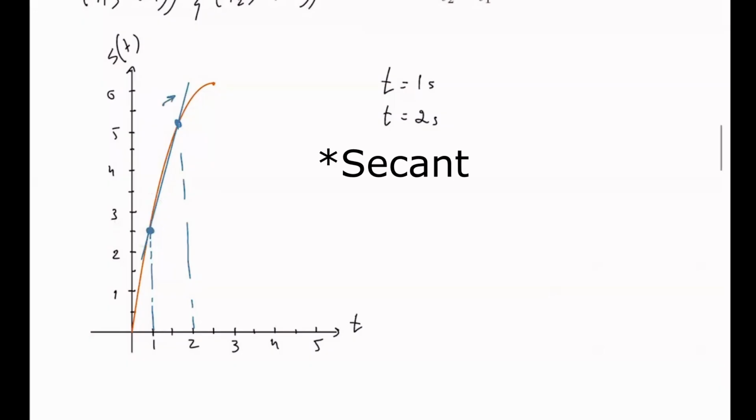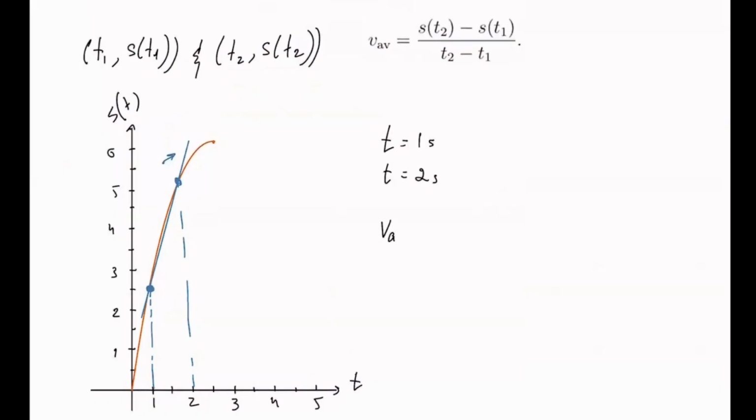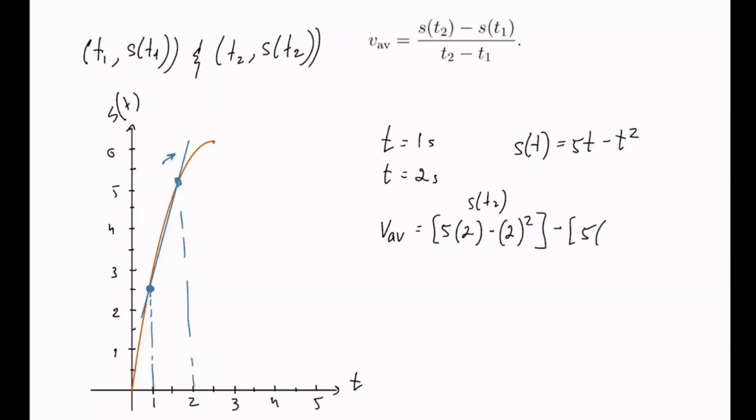What do we use? As before, V average. The function s of t was 5t minus t squared. We have 5 times 2 minus 2 squared, this is my s of t2, minus 5 times 1 minus 1 squared, this is my s of t1, divided by 2 minus 1.